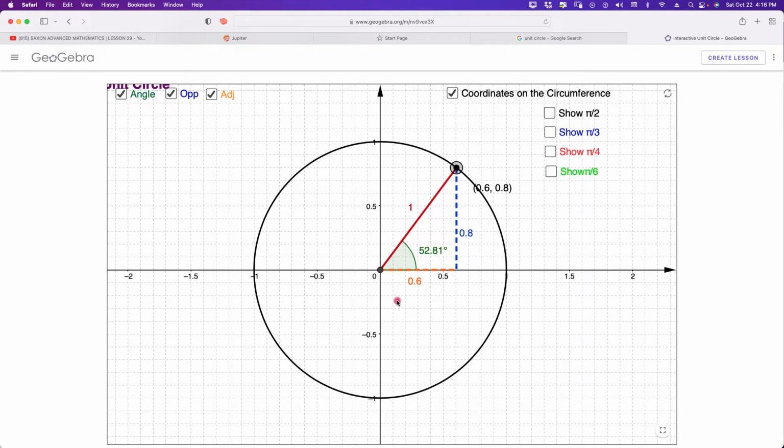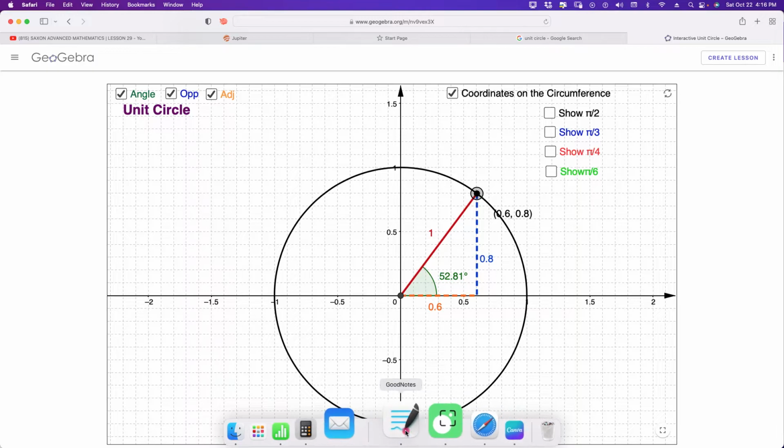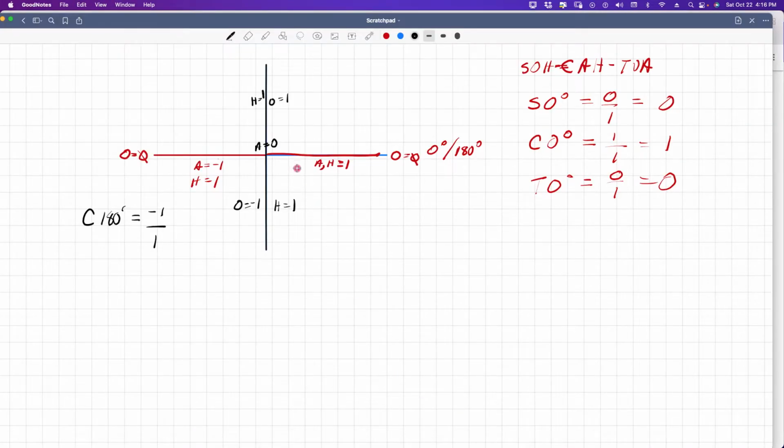So I just wanted to show you this tool to help you figure out the unit circle, to show you how you can go a little bit faster, but also to illustrate how it works when we have a vector on an axis, and how those values are calculated, where they come from.